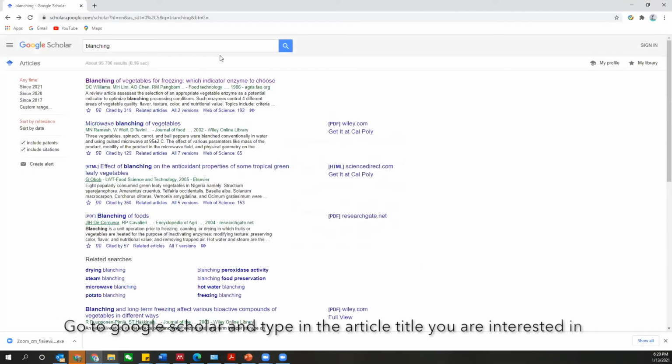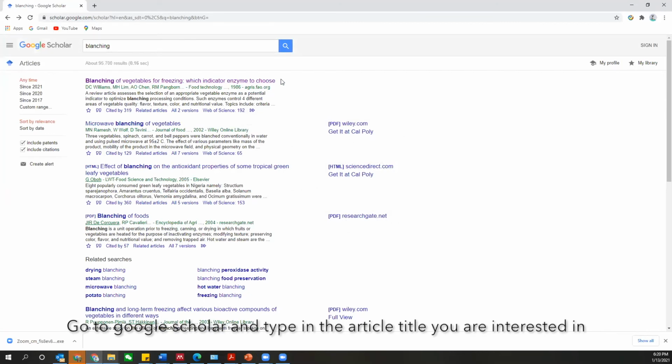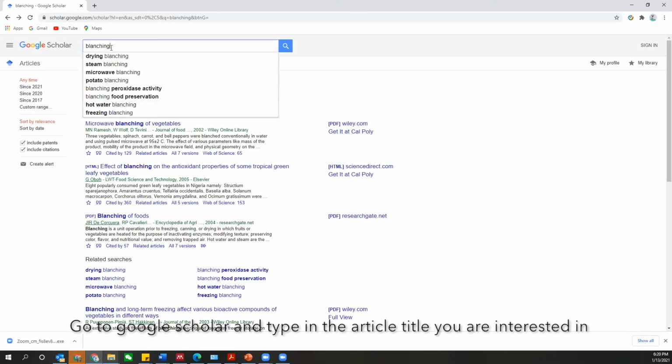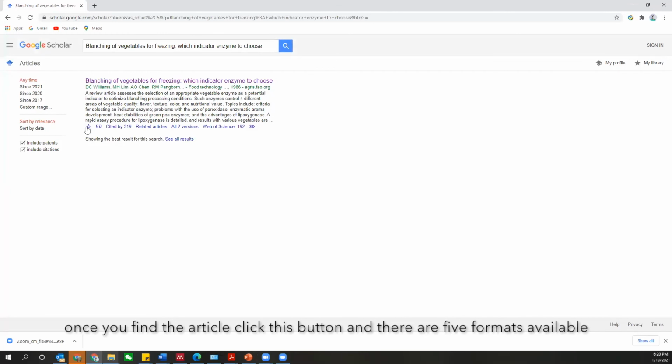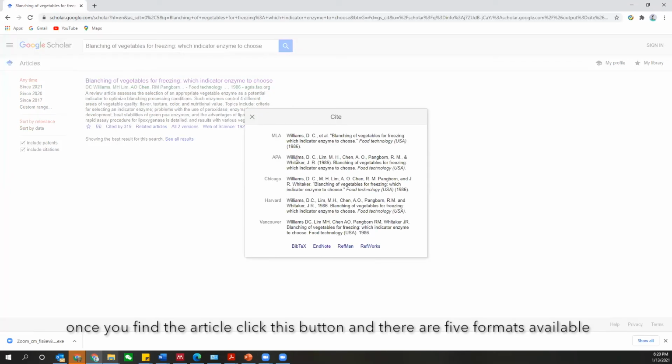Go to Google Scholar and search the article you're interested in. Once you find the article, you can click this button and select.